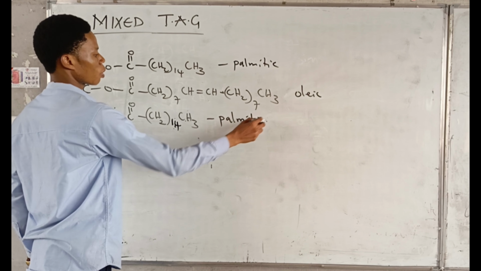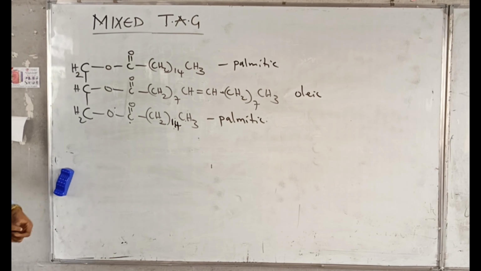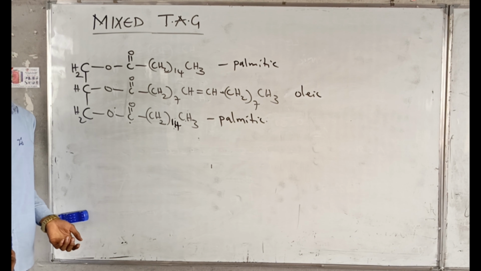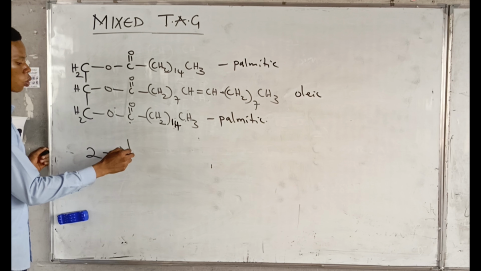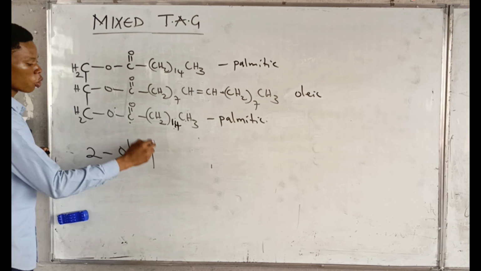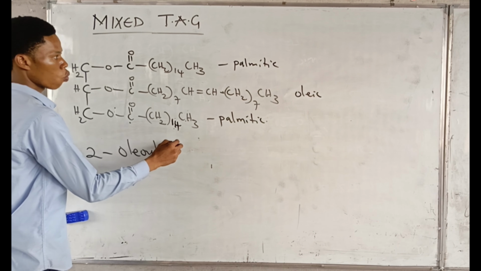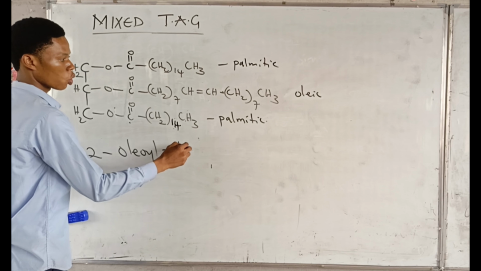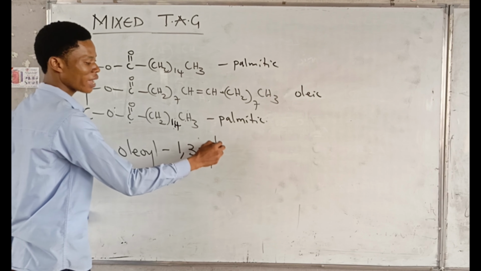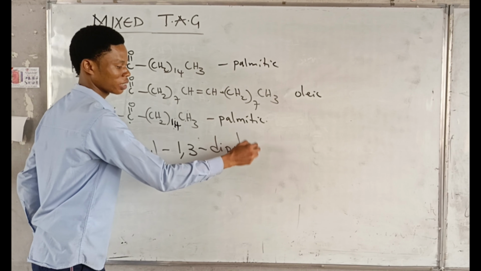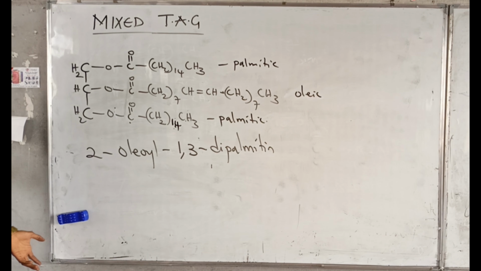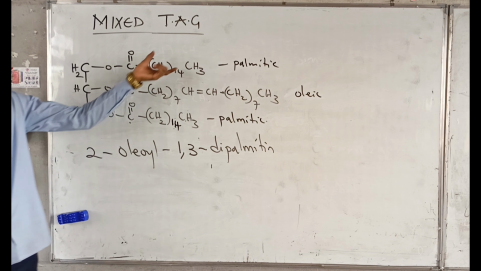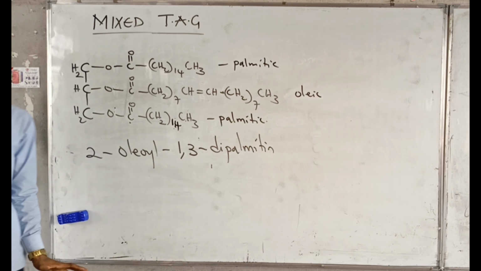Good. Now, if you are naming this, O still comes before P, right? And O is on position what? So 2-oleoyl, 1,3 what? Dipalmitin. Do you understand? 1,3-dipalmitin, because carbon 1 and 3 are the same thing, palmitin.